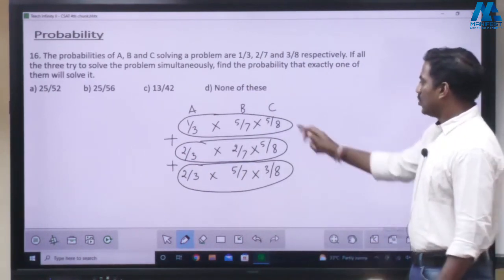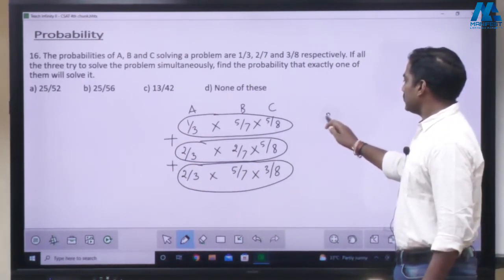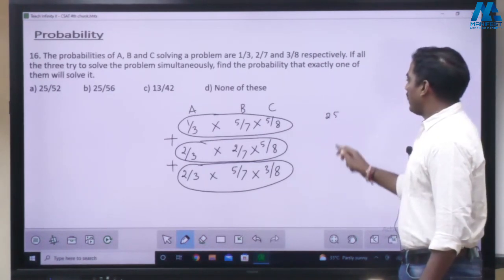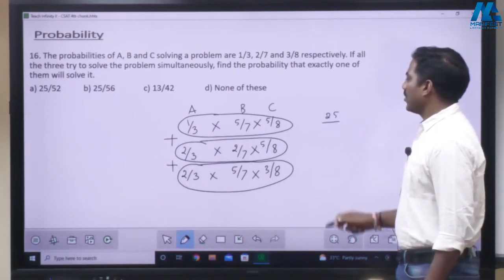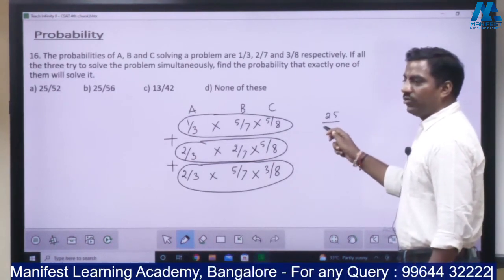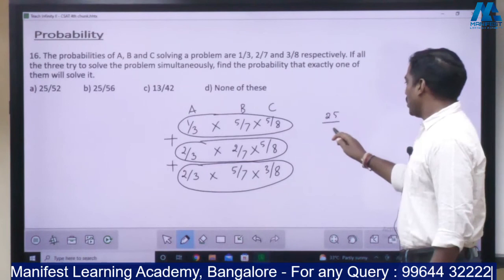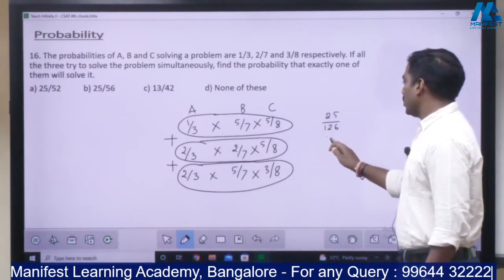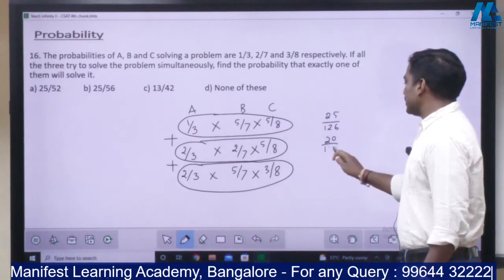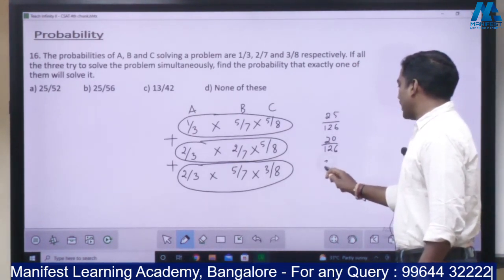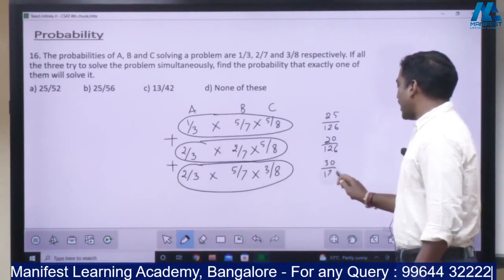Add all of them. So what will we get here? 25 by what? Same thing, 3 into 7 into 8, 126. Here, 2 into 2 into 5, 20 by 126. Then 2 into 5 into 3, that is 30 by 126. Add all of them.